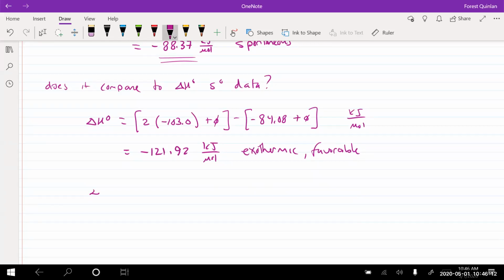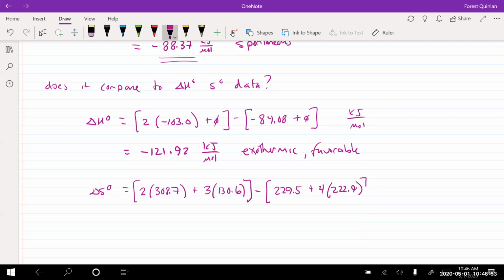Let's look at the delta S. So that's the products and the reactants again. 2 times 308.7 plus, now we got some numbers, 3 times 130.6 minus 229.5 plus 4 times 222.9.